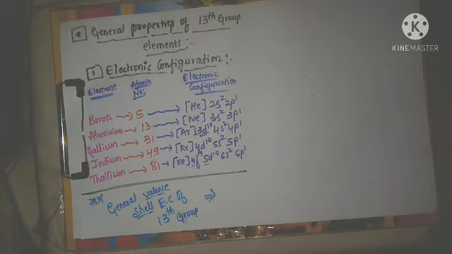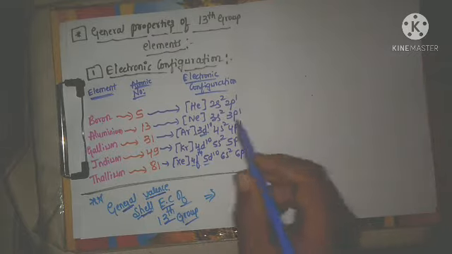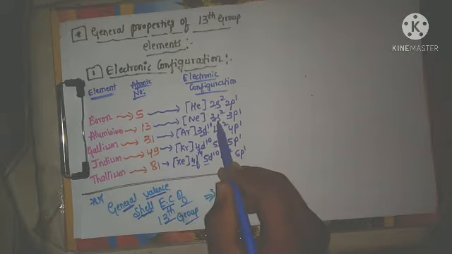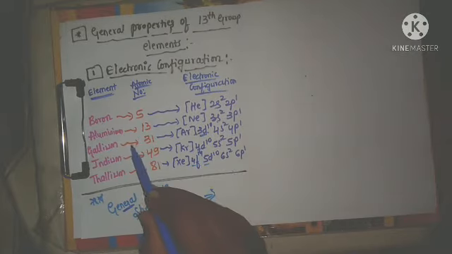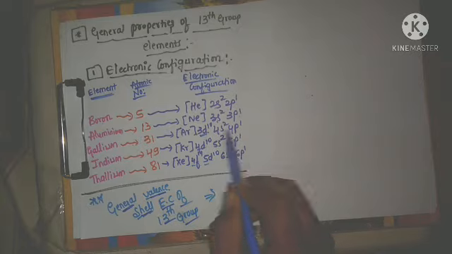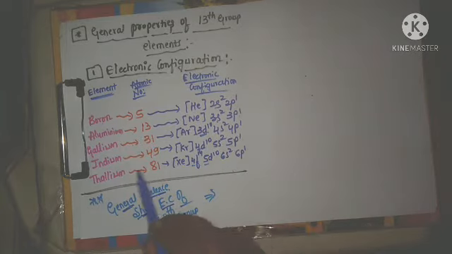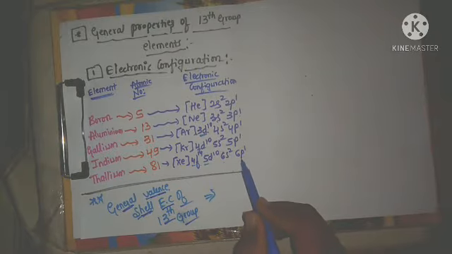General valence shell electronic configuration of which group? 13th group. Now just check, for boron n value is 2, 2s2 2p1. Aluminium n value is 3, 3s2 3p1. For gallium n value is 4, 4s2 4p1. Indium n value is 5, because 5th period, 5s2 5p1. Thallium belongs to 6th period, that is n value is 6, 6s2 6p1.